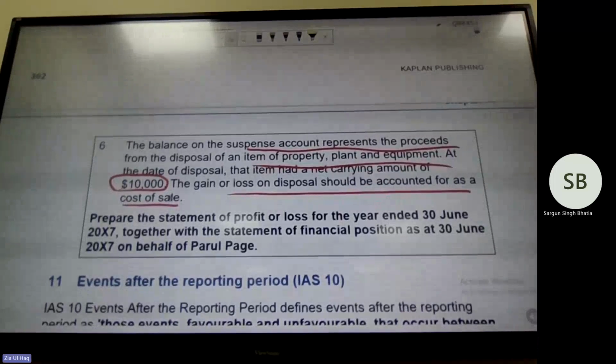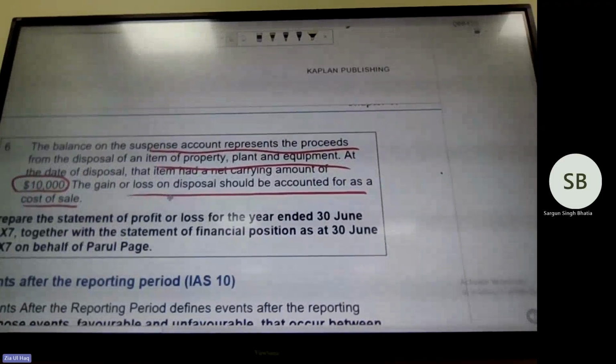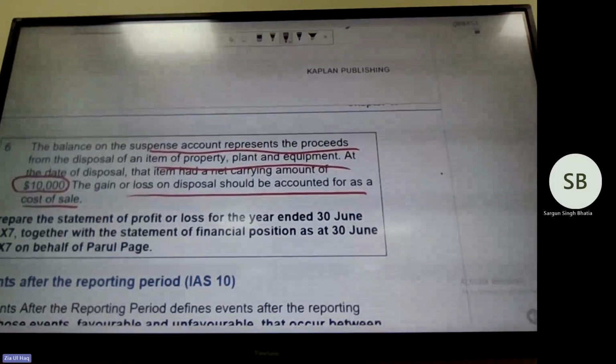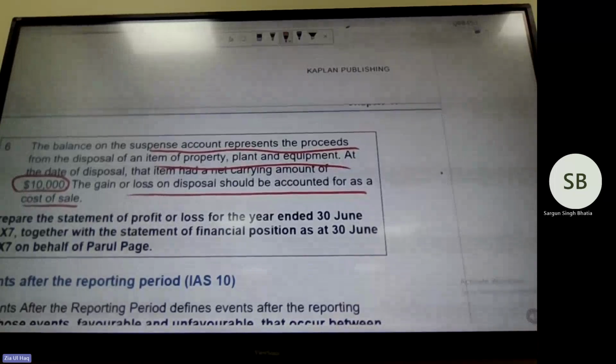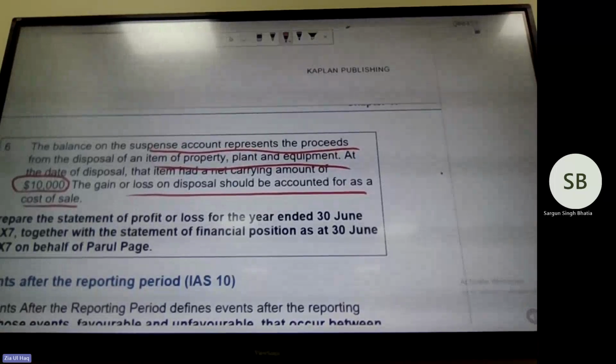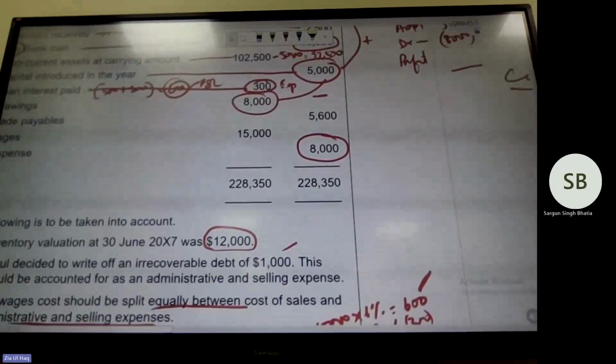It means the company sold an asset with a carrying amount of 10,000 and the gain was not recorded. This means this entry has not been recorded. If we have sold an asset with 10,000, then 10,000 should be deducted from here.